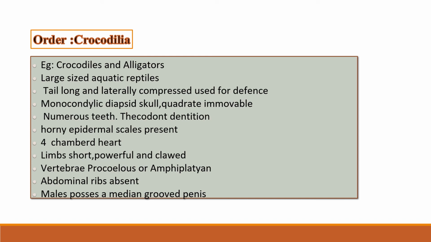Females come to land and lay their eggs in nests constructed from decaying vegetation or in pits. The main difference between crocodiles and alligators is that crocodiles have a short, slender snout, whereas alligators have a blunt, broad snout. Alligators are less aggressive than crocodiles.